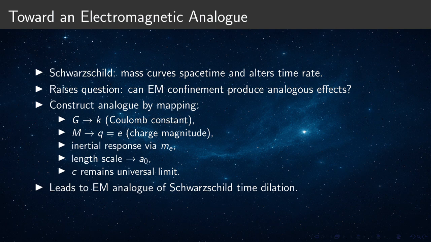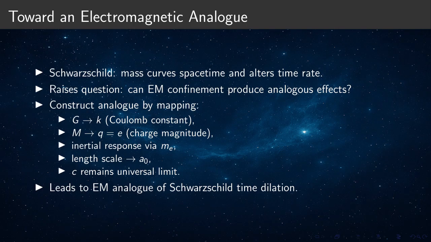The gravitational constant G is replaced by Coulomb's constant k, and the gravitational mass m is replaced by the electron charge magnitude, where q equals e. The electron's inertial response is governed by its rest mass m_e, which appears in the denominator as a moderating factor.